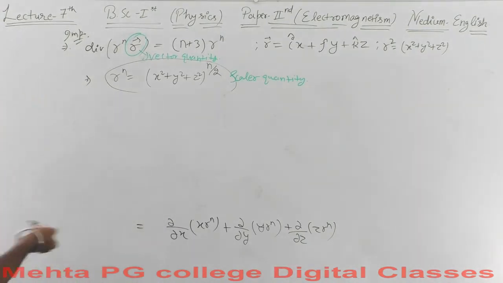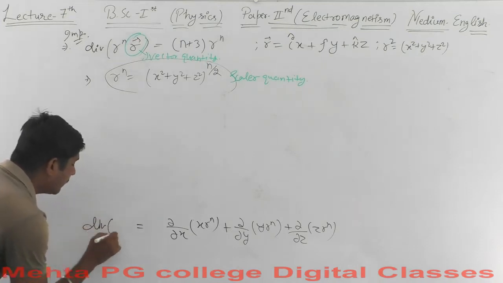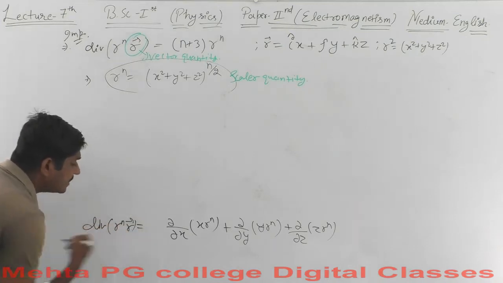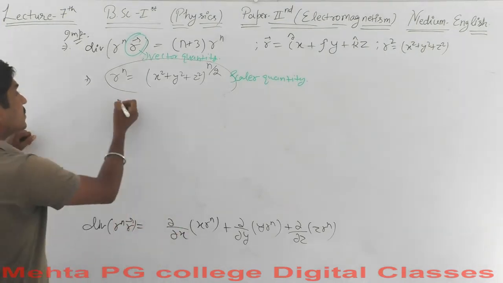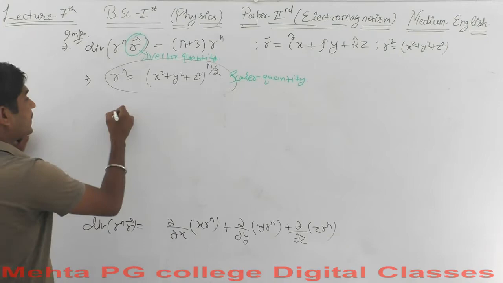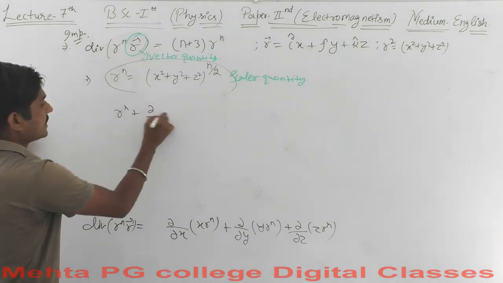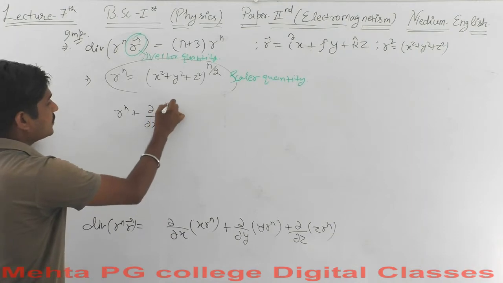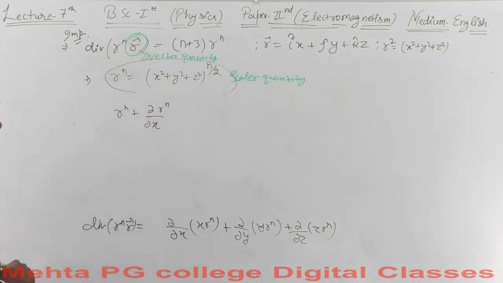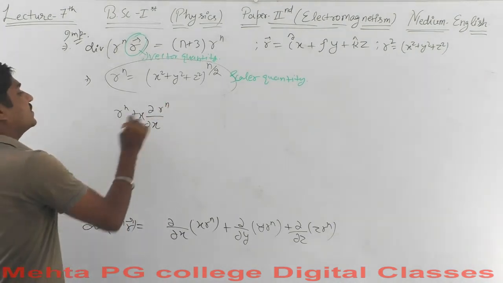Okay, so let's begin with this equation, which is the divergence of r raised to power n r vector. So let's start here. So what will the values be? First we take the derivative: r^n plus x curly over curly x of r^n. Sorry, here x will be here.